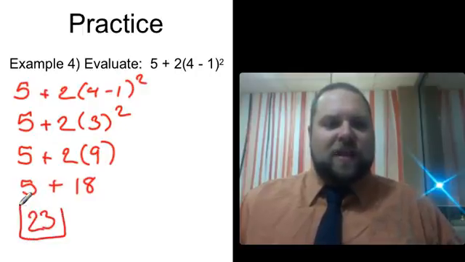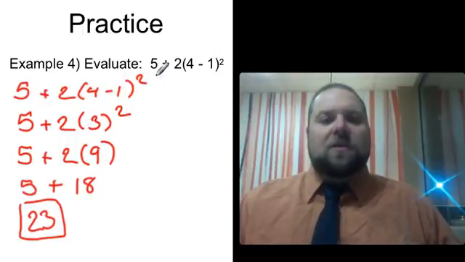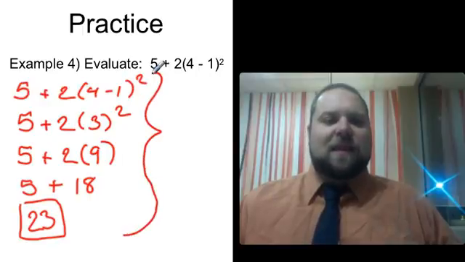And I'm finished. I have evaluated. I took this expression, simplified it into a number, following the order of operations. Also, notice my work. I showed every single step through that. That is an expectation for you as well, that you would show every bit of your work as you go along on this.